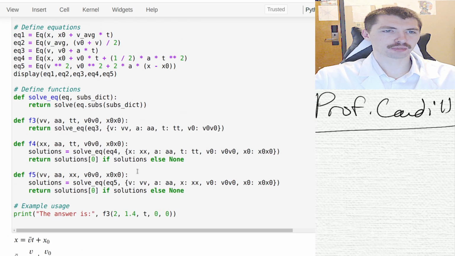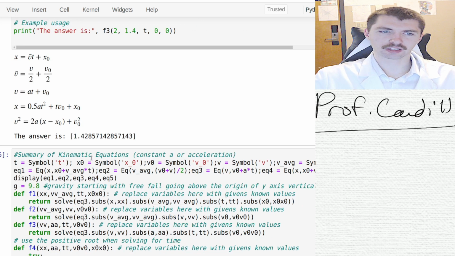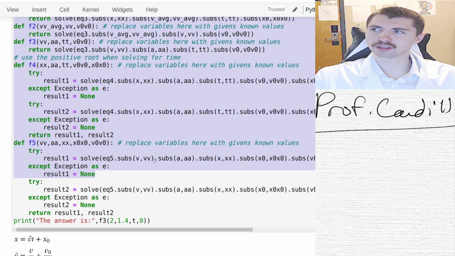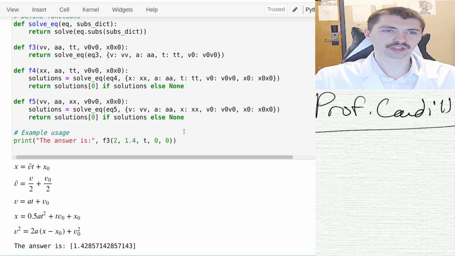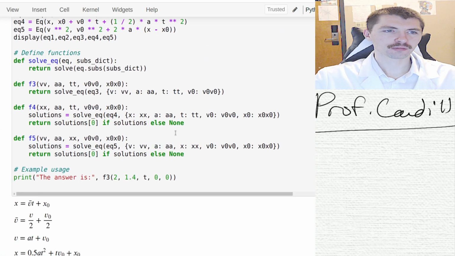So I copied all this, pasted it in the chatbot. I asked it to revise, or I asked it to shorten the code. So this is what it gave me.